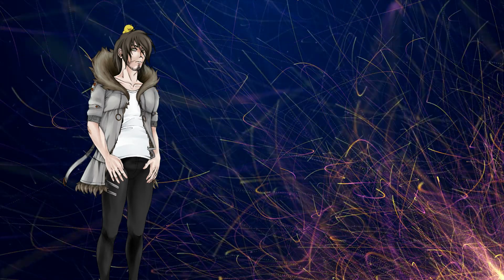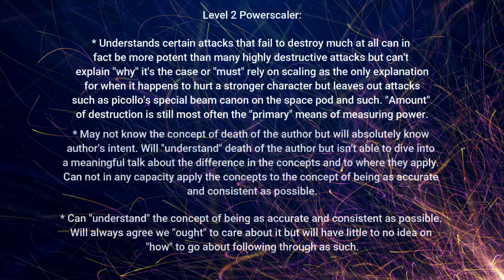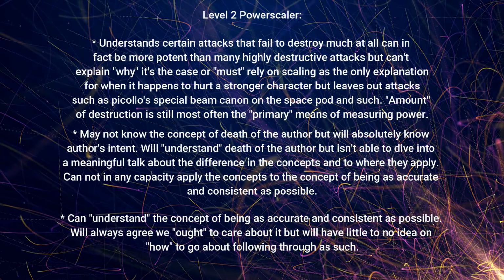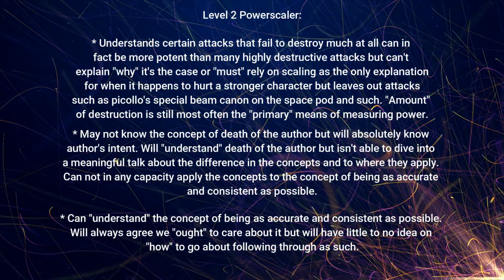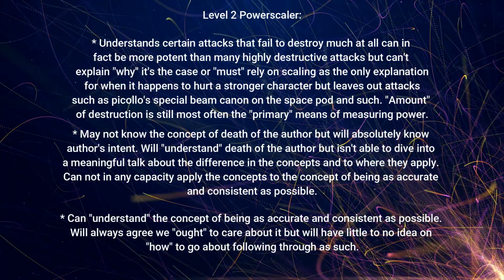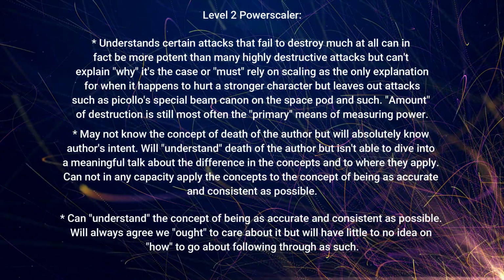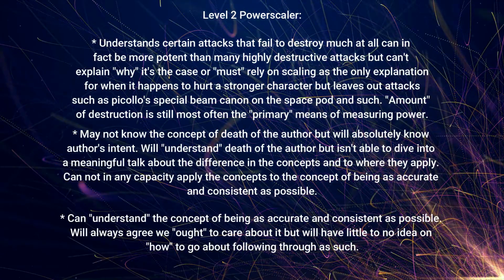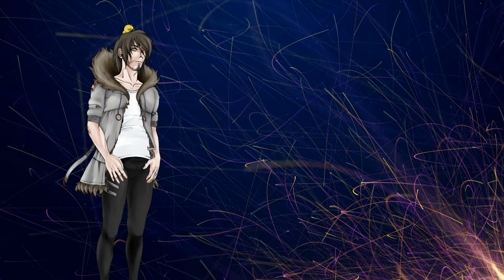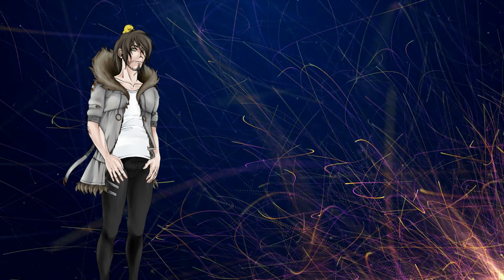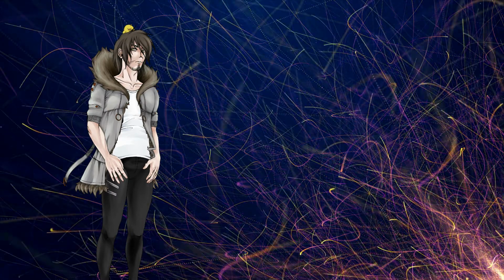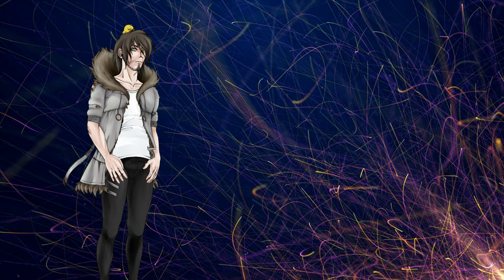And the third thing is that they can understand the concept of being as accurate and consistent as possible. They'll always agree we ought to care about it, but will have very little to basically no idea how to go about following through. Pretty much anybody, if I say we should try to be as accurate and consistent as possible, is going to say, yeah, of course.